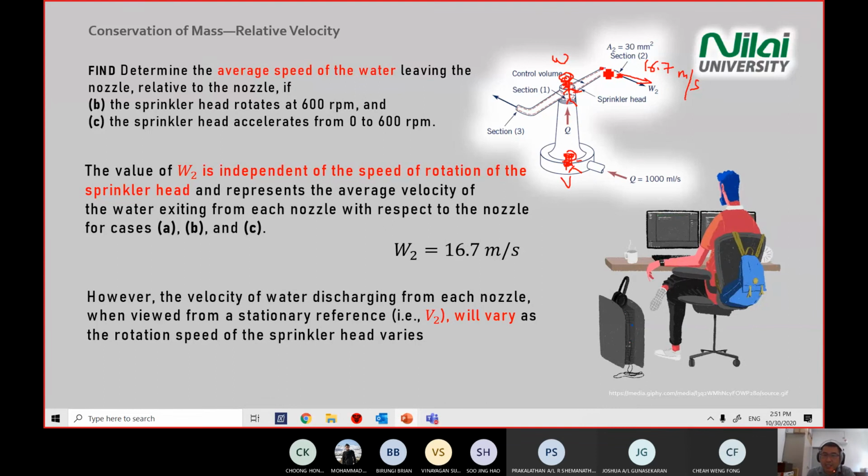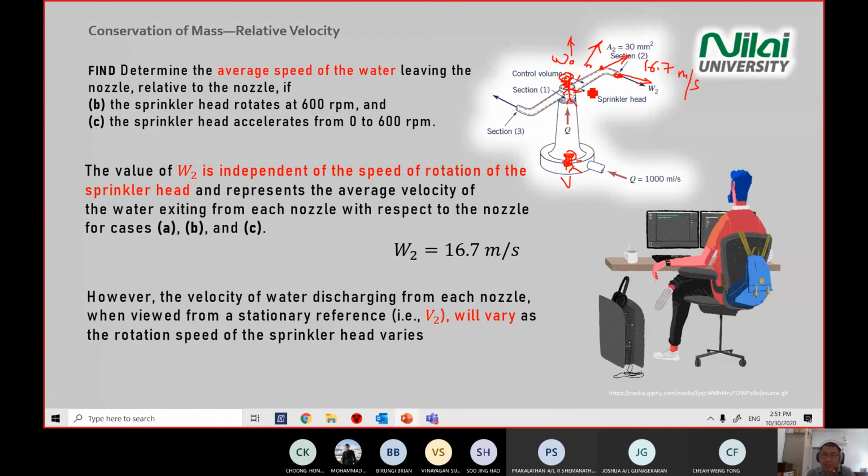It will move to this side and sprinkle this way, and then the head will become here and sprinkle this way, and so on. So when you look at this point, this point, this point, the velocity will be different because of the rotational speed here, I mean the RPM that you set here. The water will spray at a different speed if you stand here, compared to sitting at the cap here.